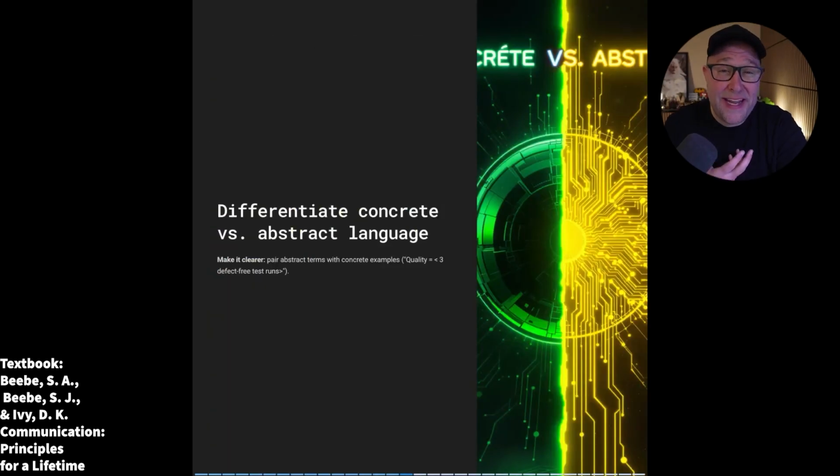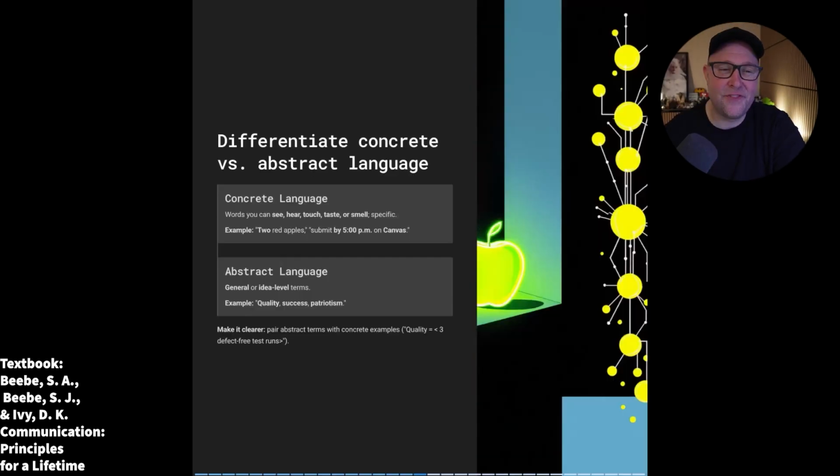To make your communication clear, you can pair abstract terms with concrete examples. For example, 3 defect-free test runs are how we're defining quality. So to review, concrete are the 5 senses, abstract is the general or idea level terms. And to make it clearer, you pair abstract terms with concrete examples.